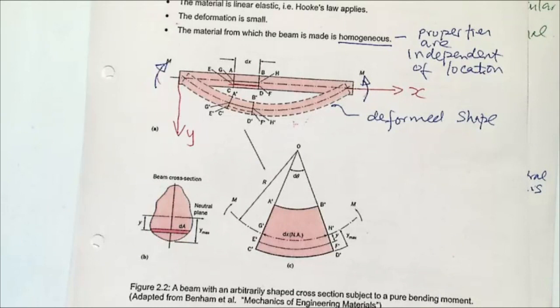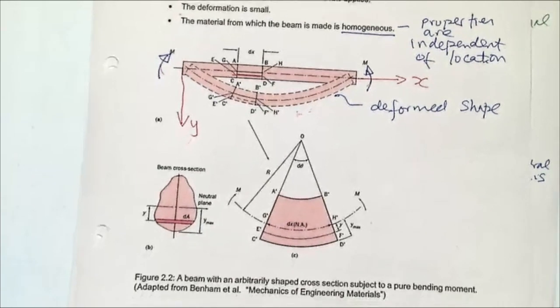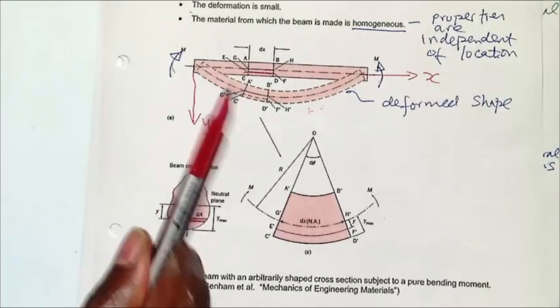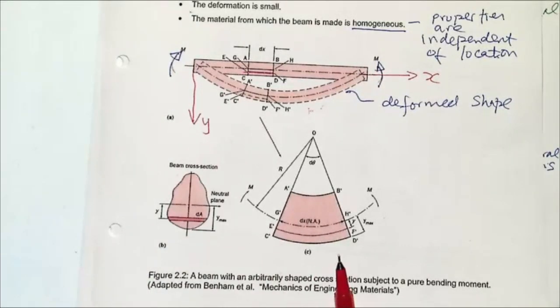So we've taken a small length EF, which is at a distance y below our neutral axis. We know that's going to be in tension. That distance y will determine the magnitude of the stress at that point. So this is a zoomed section of that.